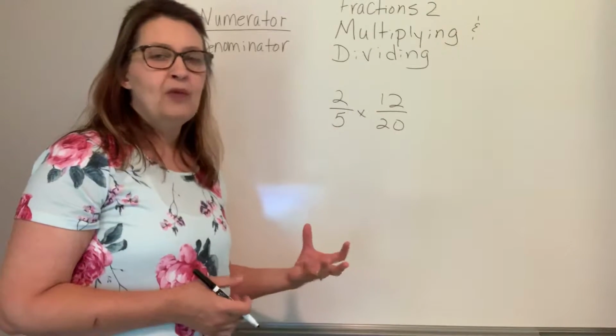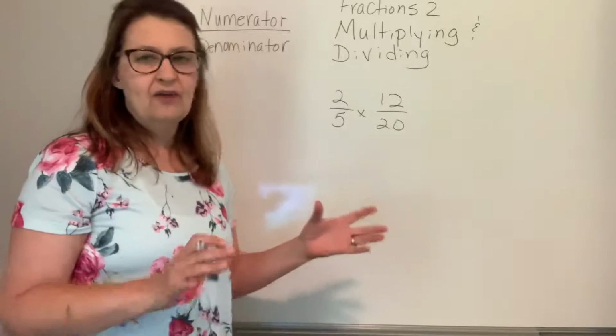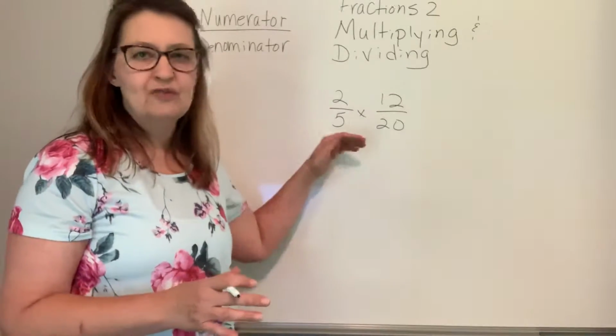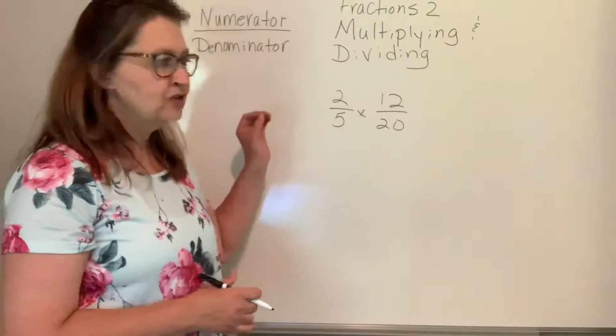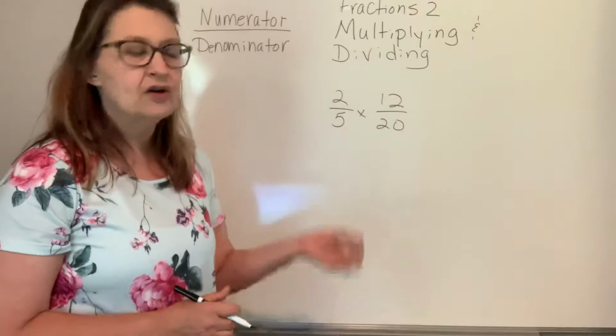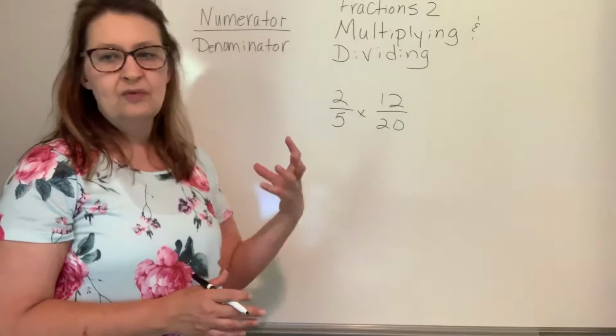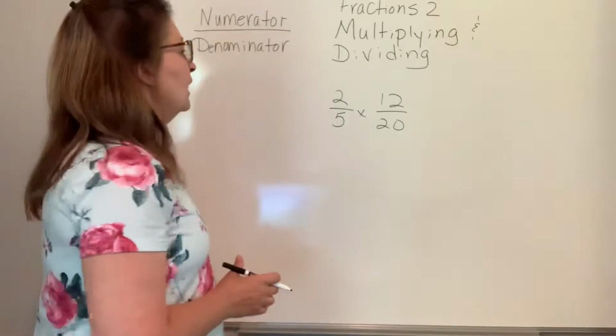And most people have lost the skill, and then when you throw some letters in there, they don't know how to deal with them because they didn't really learn how to deal with them as numbers. So that's the goal behind this. I want you to be really good at these techniques, even though you could run them through a calculator, because later on when you get to algebra, you'll need to be able to deal with these manually.